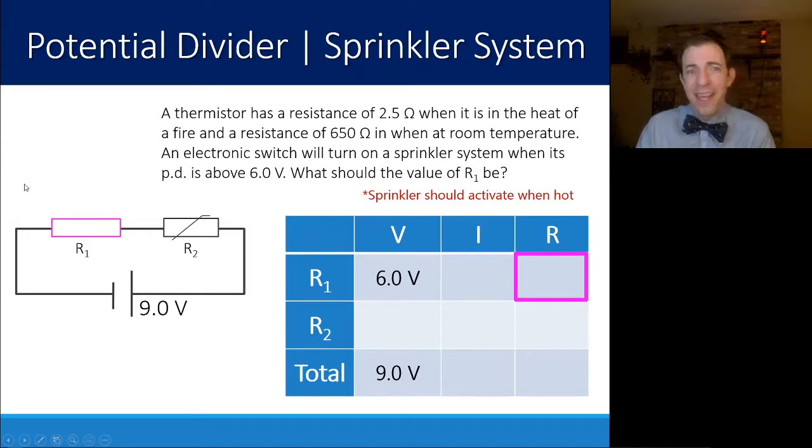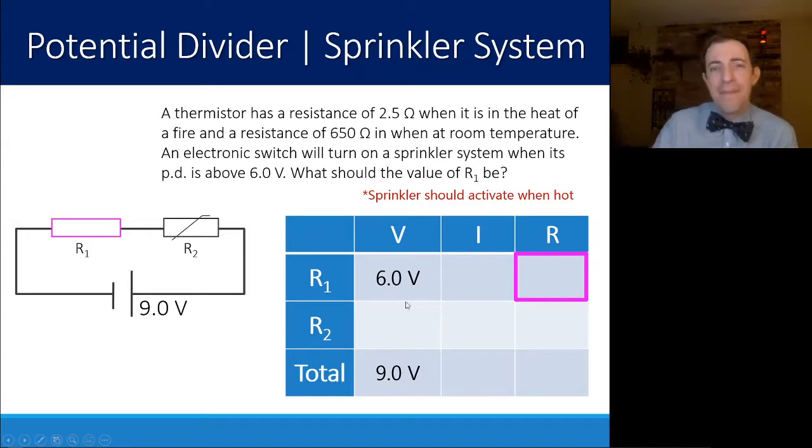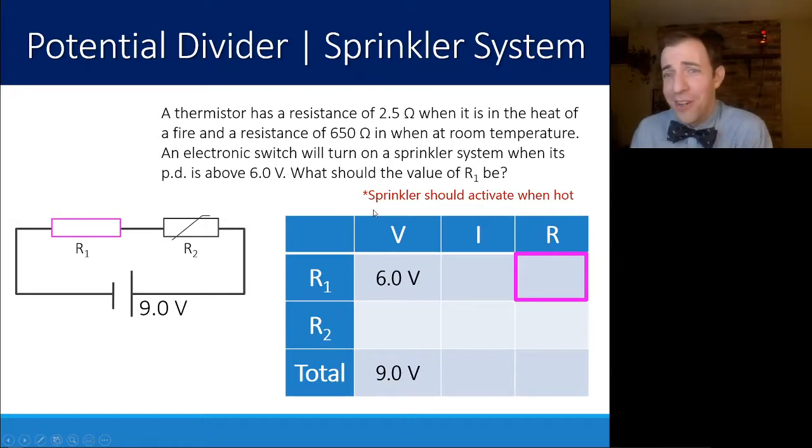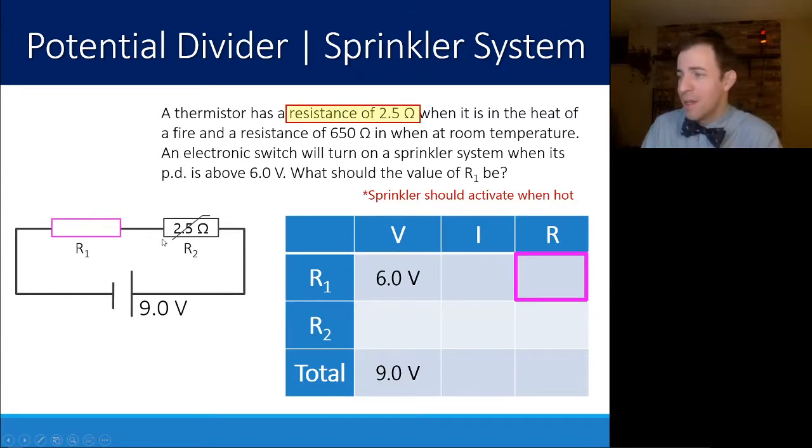So this can go away. I don't need that anymore. Now, I want to look at this resistor. The sprinkler should turn on if it's hot, so I want to use the resistance when it's in the heat of a fire. That is 2.5 ohms. So the resistance of my thermistor, this R2, is 2.5 ohms here.